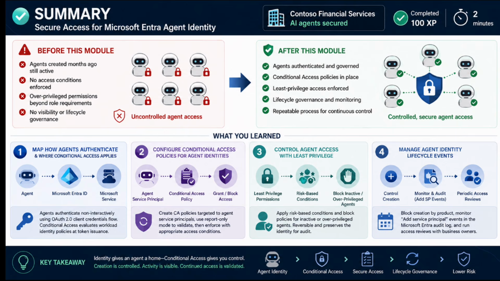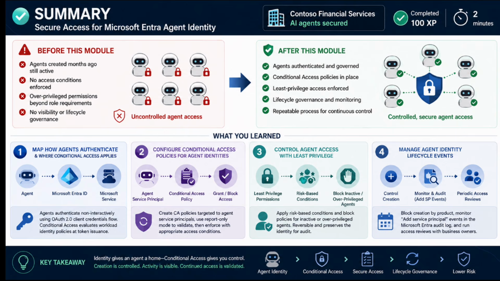In summary, and to conclude, in this module, Contoso Financial Services improved the security of its Microsoft Entra Agent Identity environment by moving from loosely governed AI agents to a more controlled and repeatable security model. At the beginning, several agents had been created months earlier and were still active with permissions that exceeded their intended purpose.